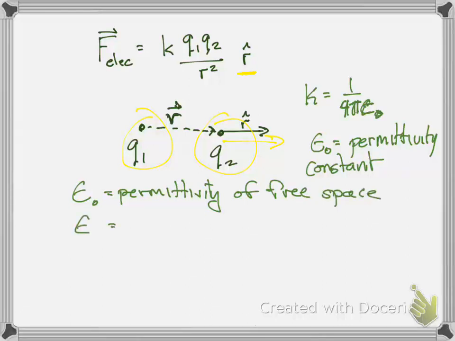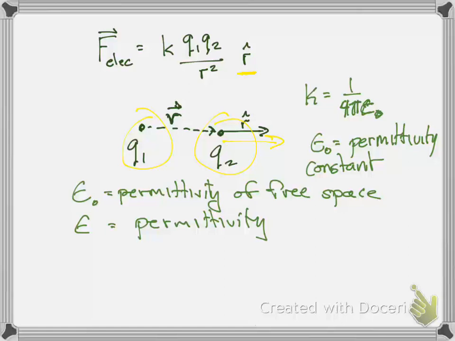Whereas epsilon is the general permittivity. Epsilon is a measure of how big electric forces are in certain materials. Since we're talking about two charges in free space, we use epsilon 0, the permittivity of free space. But let's say the charges were embedded in some other material like wood or metal or glass, then the electric force would be somewhat mediated by the properties of that material.